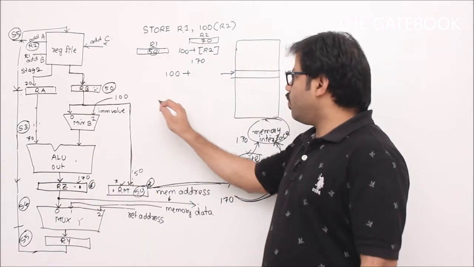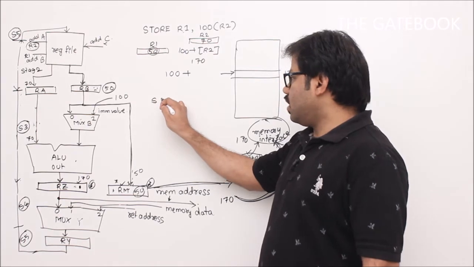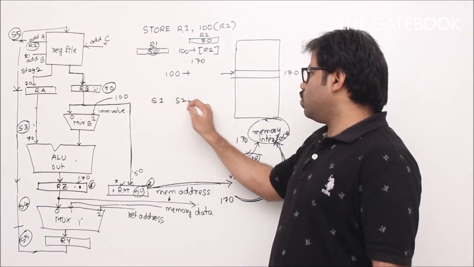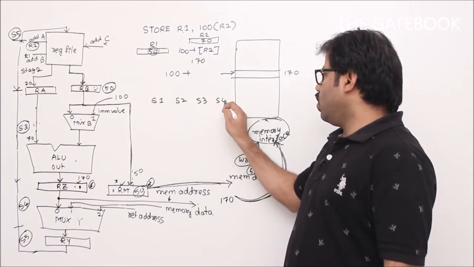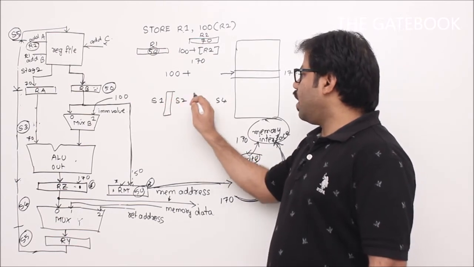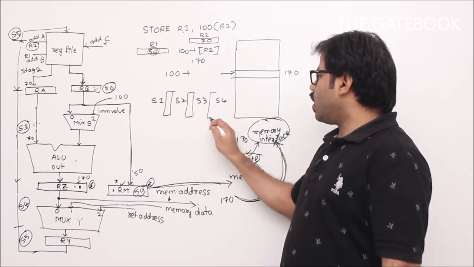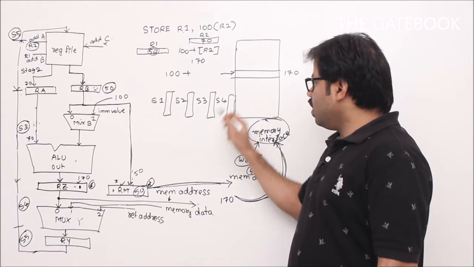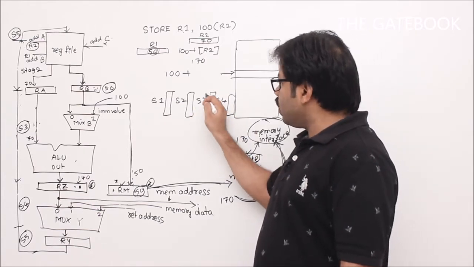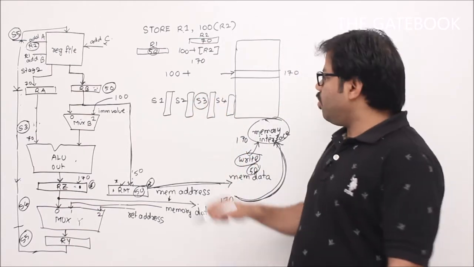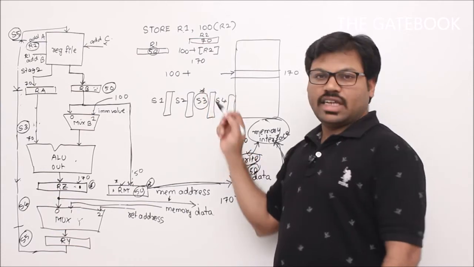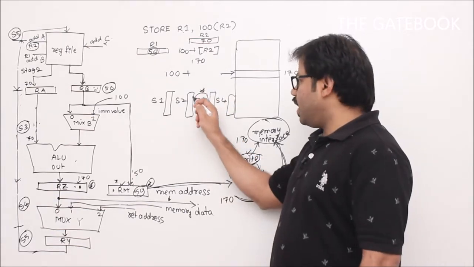From now onwards, remember that between the stages, stage 1, stage 2, stage 3, stage 4, we are going to have temporary registers to hold the data which is required to do the computation in that particular stage. For example, if you want to do some computation in stage number 3, then you need some data, right?